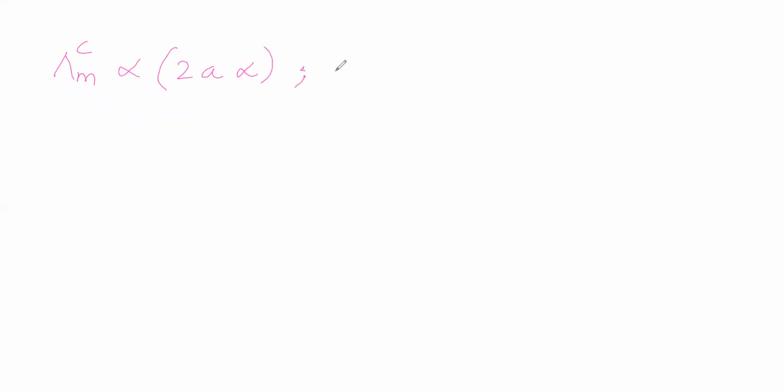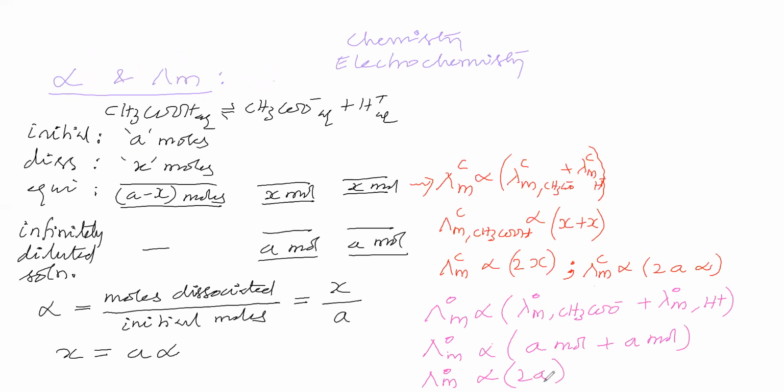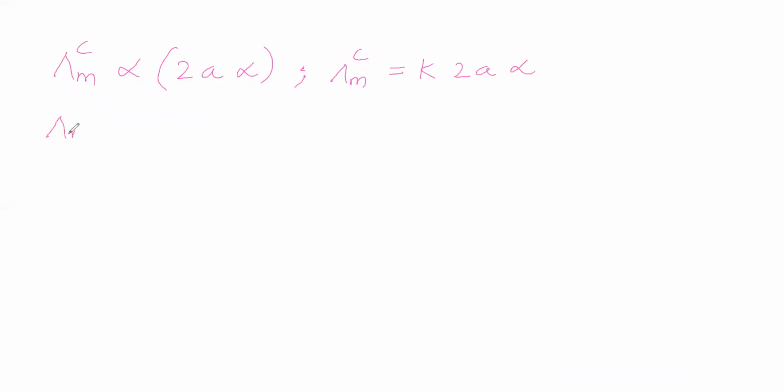We can rewrite this as lambda m at a given concentration is equal to some constant into 2A alpha. The next condition is lambda m naught is directly proportional to 2A. This we can write as lambda m naught is equal to some constant into 2A.